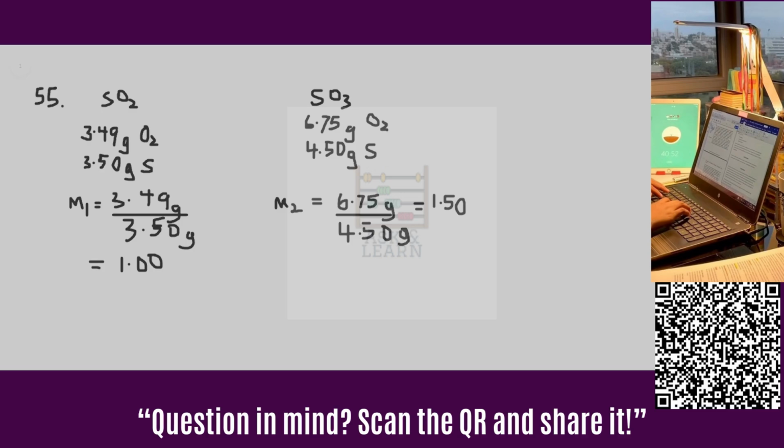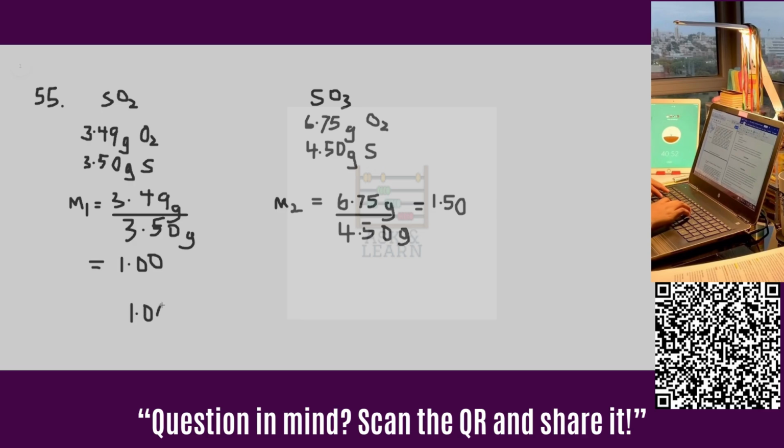Now, this question tells us to show that these results are consistent with the law of multiple proportions. So like I stated previously, for the law of multiple proportions, we just have to show that the mass ratio of these two samples is a ratio of whole numbers, right?